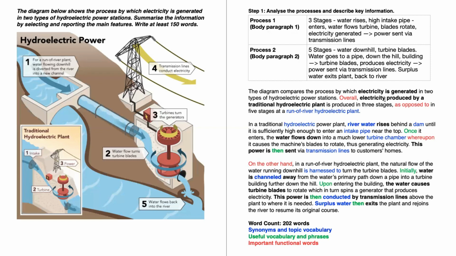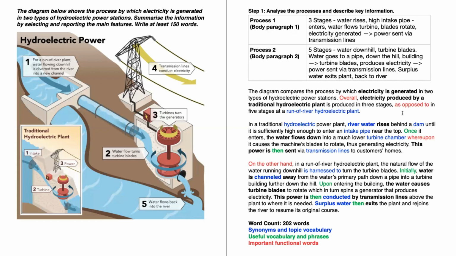Now, I've emboldened the passive phrases, which again, we really have to pay attention to in our passives here. So electricity is generated, electricity produced by shows a very clear passive. In this case, we have shown who is doing the activity or what is doing the activity.